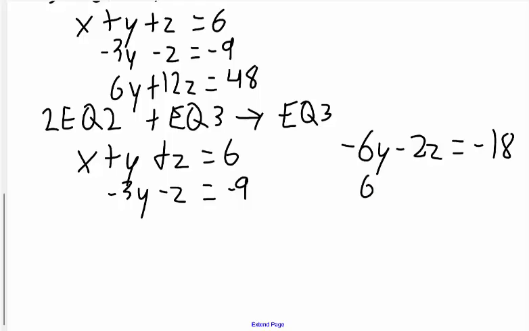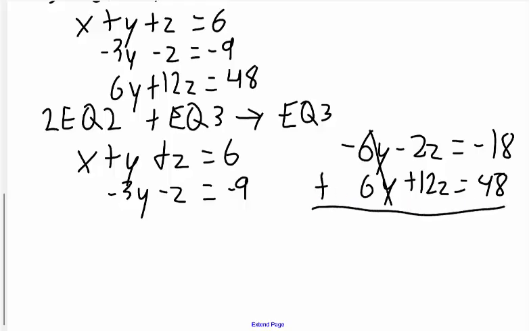And we add that to 6y plus 12z equals 48. The y's end up canceling. 12 minus 2 is 10z equals 48 minus 18 is 30. So now we have 10z equals 30.